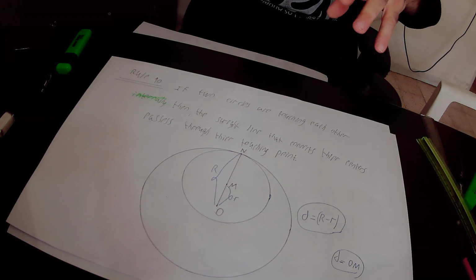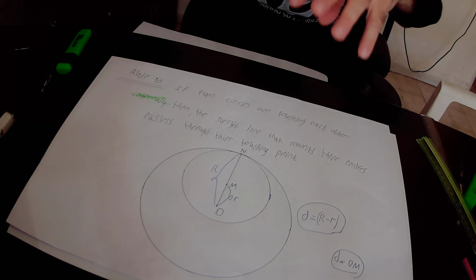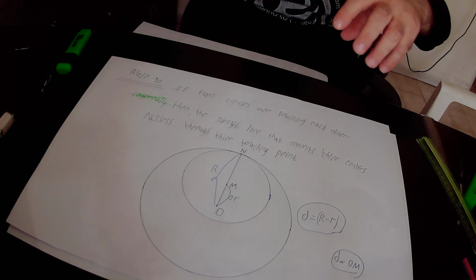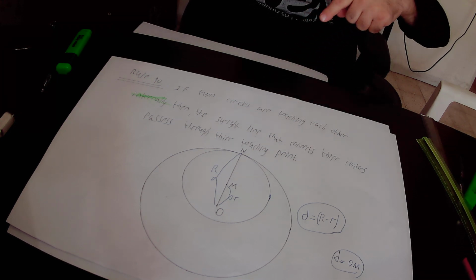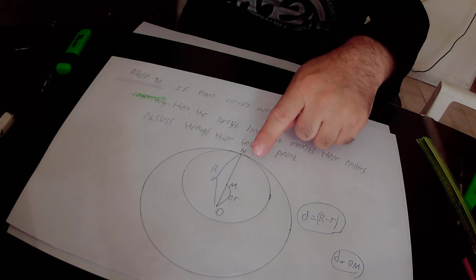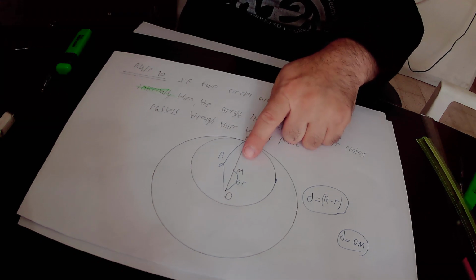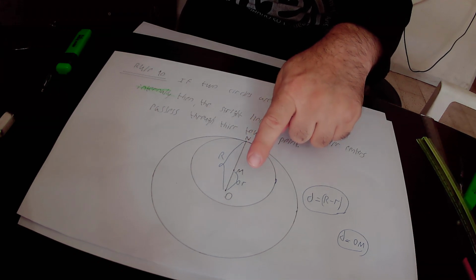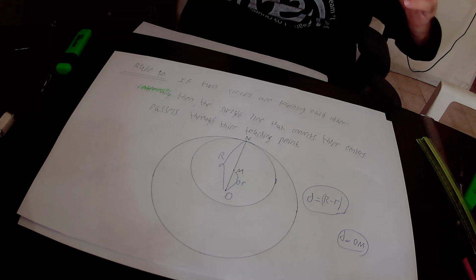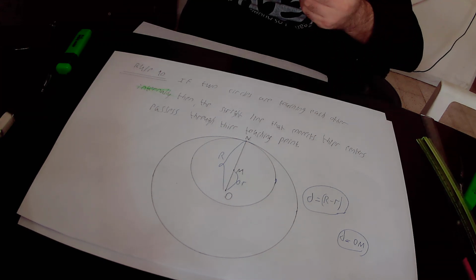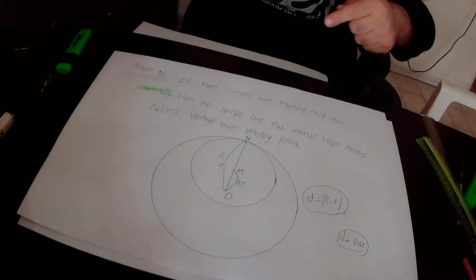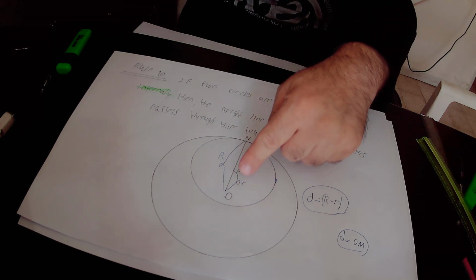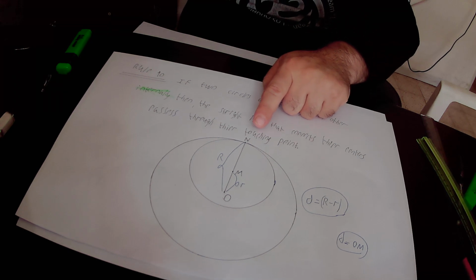So if we have, like in this drawing, two circles that are touching each other internally, then the straight line that connects their centers together, the center of the small circle is at point M, and the center of the big circle is at point O, and the straight line that connects their centers together is line segment MO. This line segment MO, or OM, must pass through their touching point.